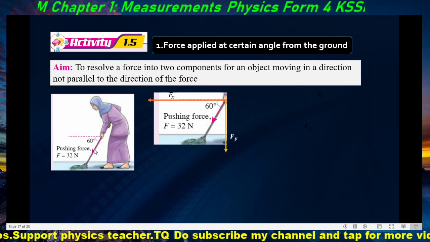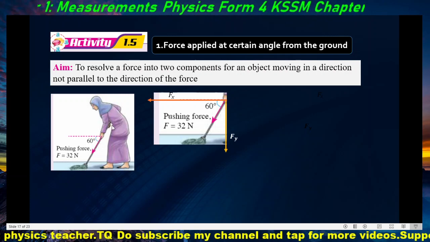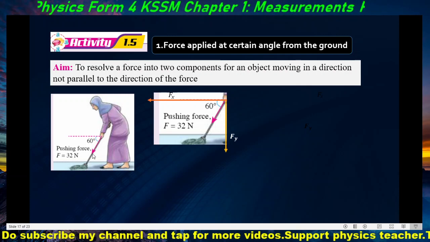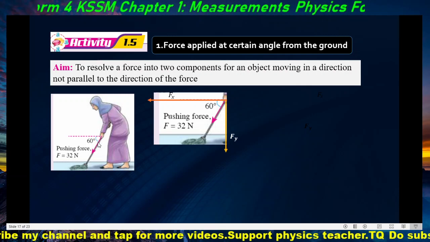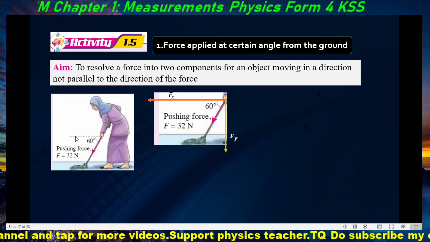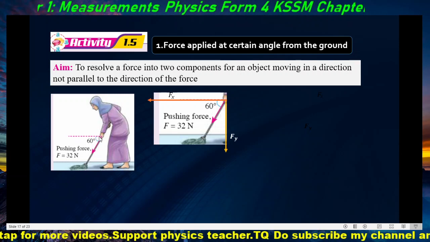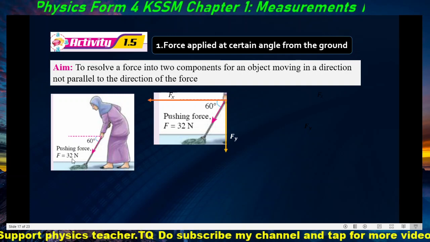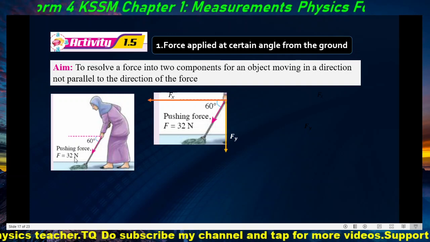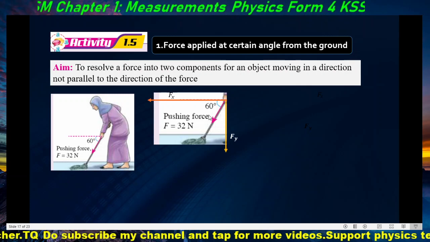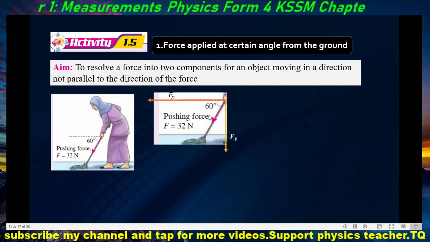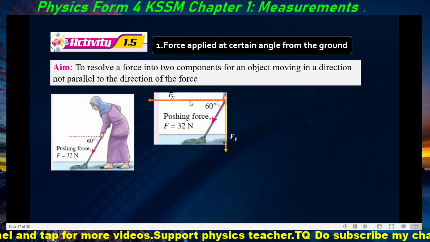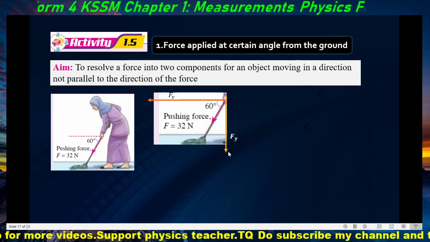So this is the force applied. The lady is pushing the mop towards the ground. Look at the direction. The angle of the force applied from the horizontal line, this broken line, is 60 degrees. Pushing force F is 32 Newton. We try to resolve the force into two components, Fx, the horizontal component, and Fy, the vertical component.